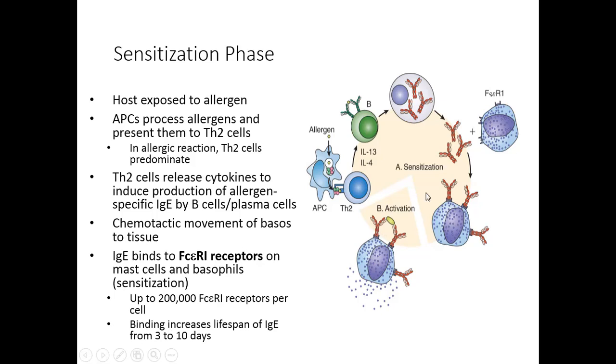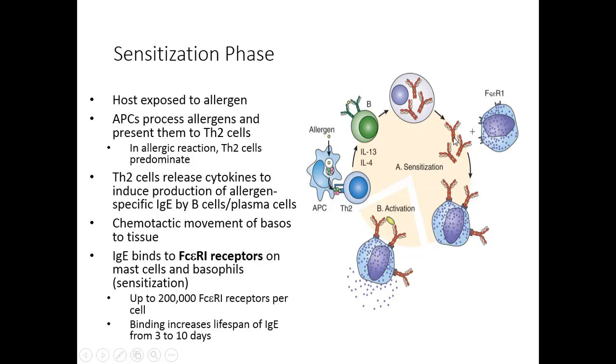And once we bind that IgE to the receptor, the lifespan of IgE almost triples in length of time. So in this process, we have not only produced more IgE, we've turned on B cells to produce it.